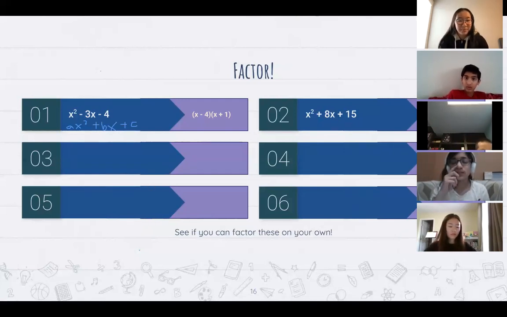So to be clear, the first thing you do is add A and B together, A and C together, correct?